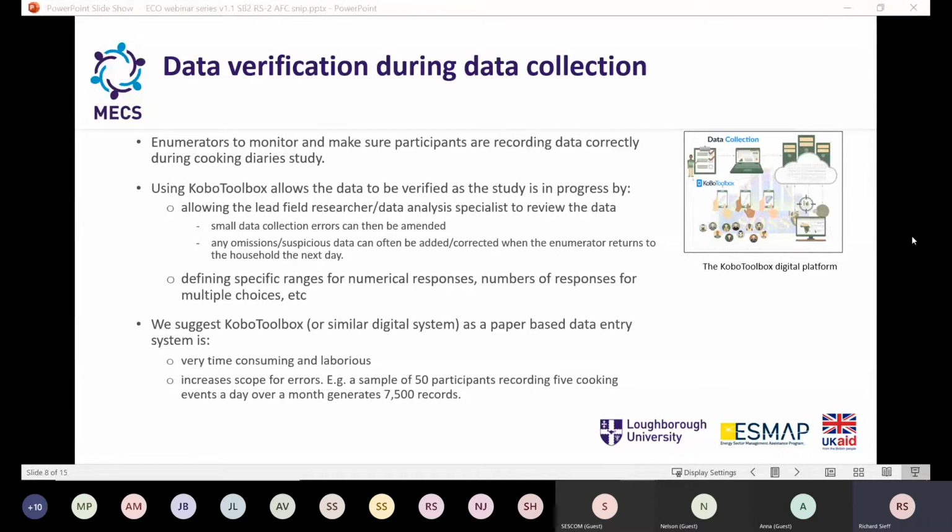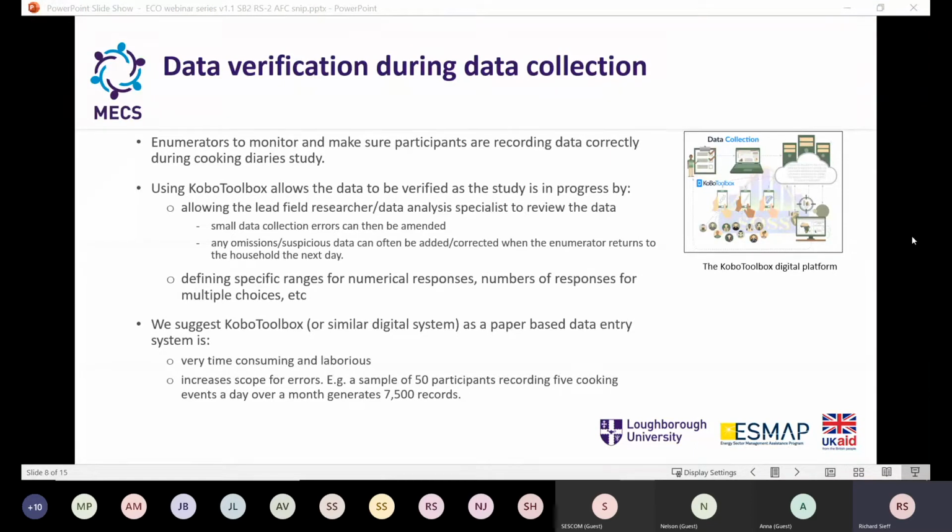For example, they can check that the times recorded happen in sequential order. We do want to make you aware that this is a big job, so it's a good idea to think about your data verification strategy in advance and try to streamline the process. For example, by using an Excel sheet template. We do recommend you make use of COBO Toolbox in order to check the data throughout the study when it will still be possible to correct it.